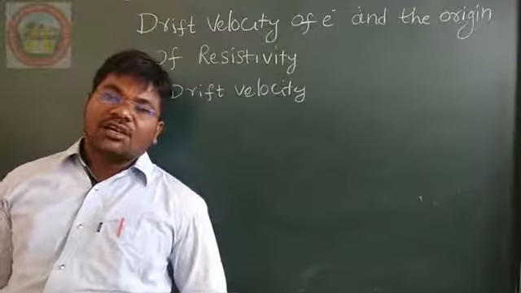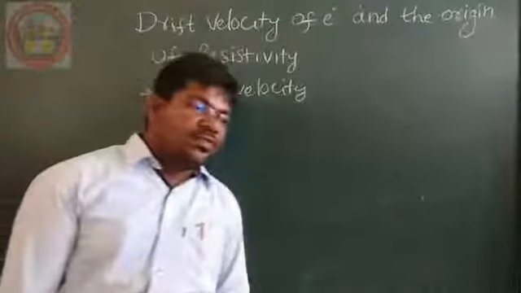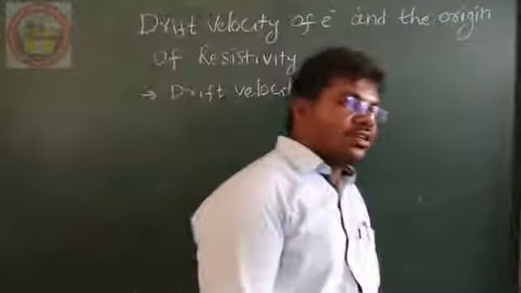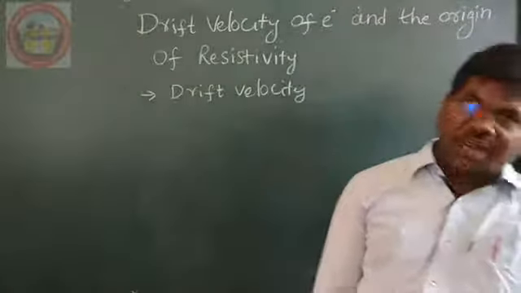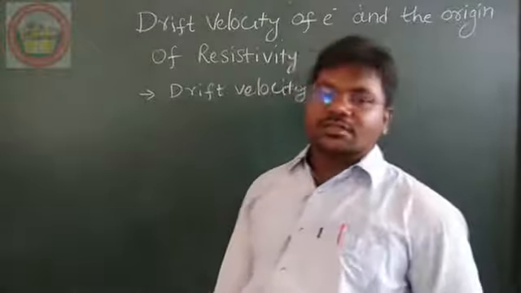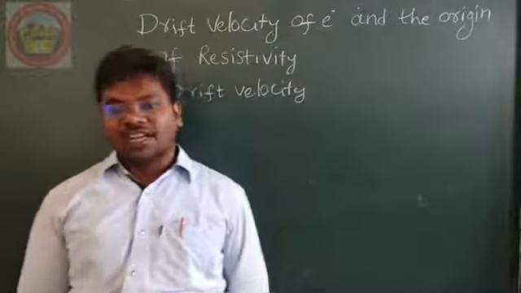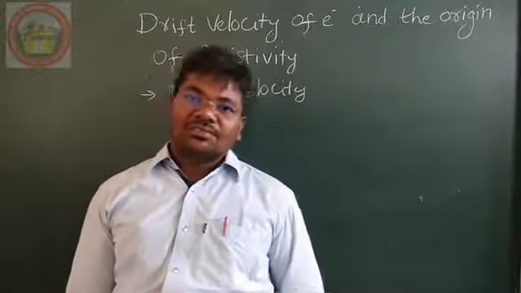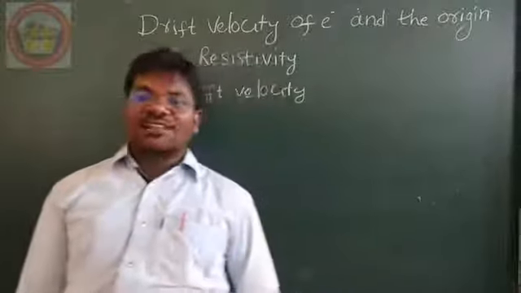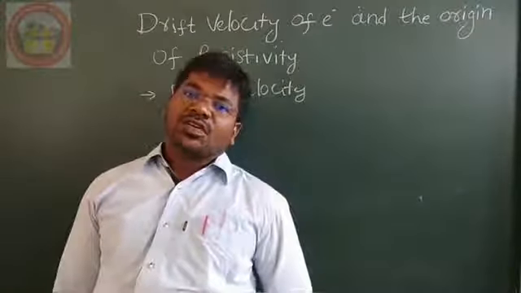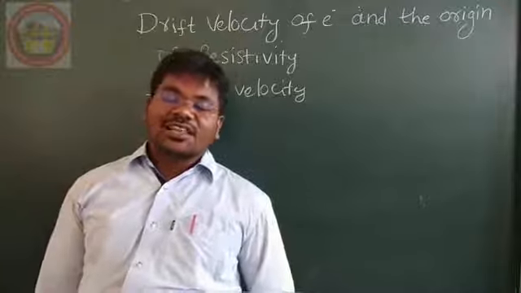Coming to the definition of drift velocity: drift velocity is defined as the average velocity of electrons inside the conductor under the influence of an external electric field.